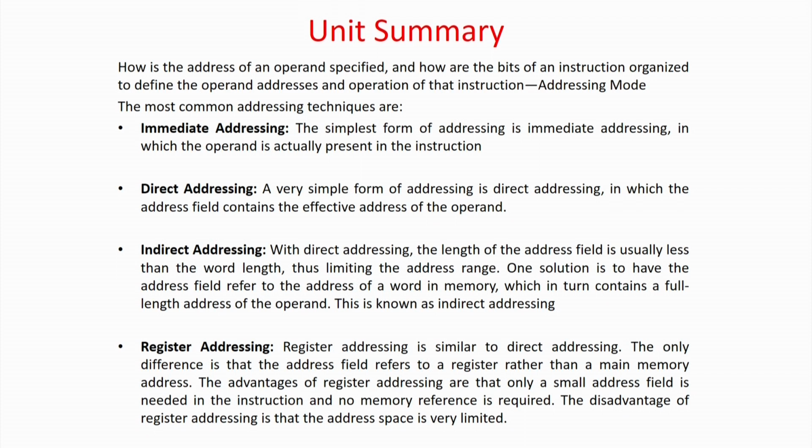As the number of registers is small, the space required in the instruction for this type of addressing is lower, and the access to data is also faster, because you need not go to the memory; you can get it directly from a register. But again, the trade-off is that the number of registers is small, so you cannot have a large amount of data in this addressing mode.